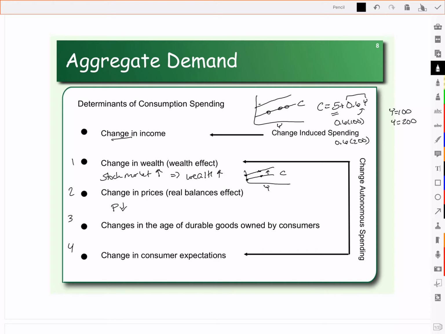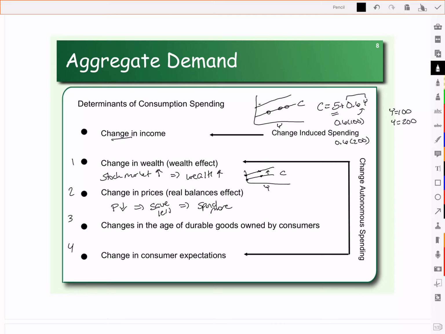So you don't have to put as much away into savings. So if prices go down, then we can save less and we can spend more. And so our autonomous consumption spending will increase. We're going to buy more goods and services.